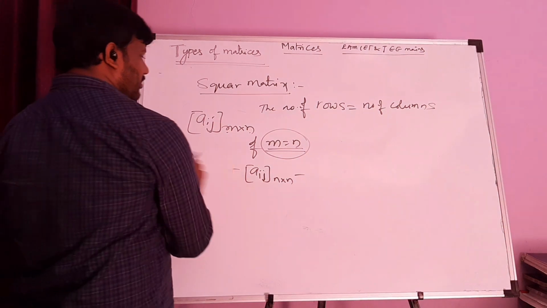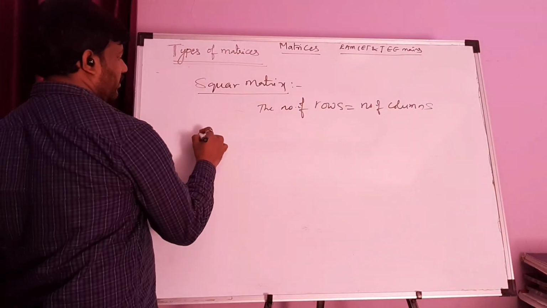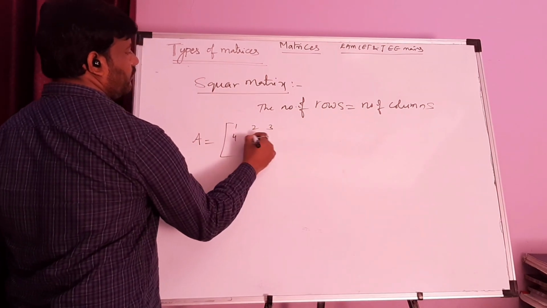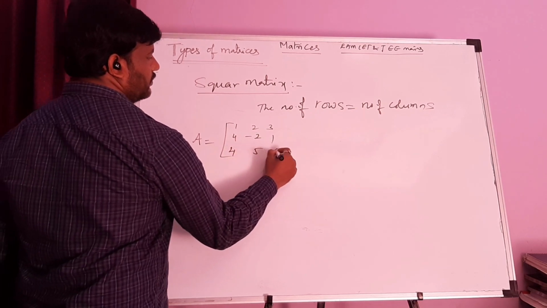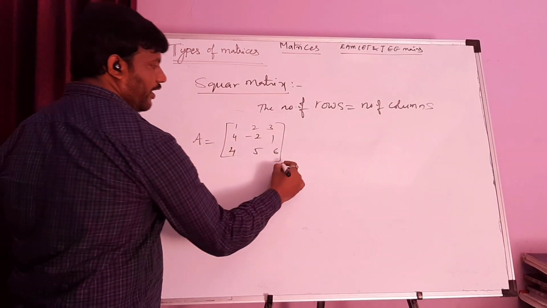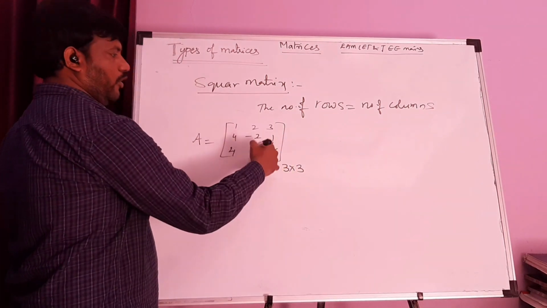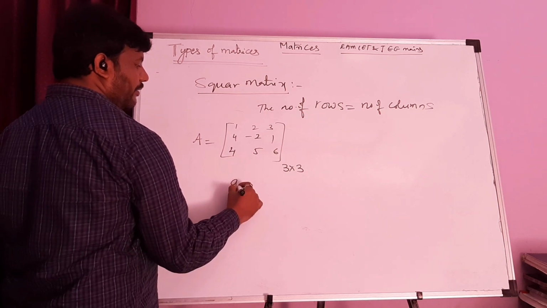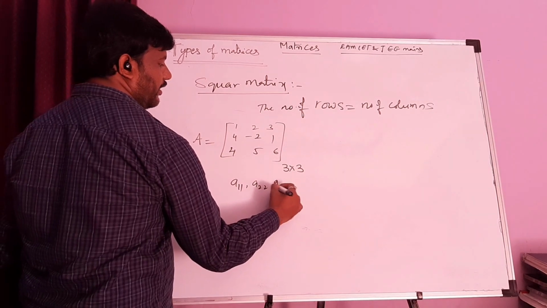In a square matrix, one more important point is the diagonal elements. Suppose I take a square matrix of order 3 by 3, that is, 3 rows and 3 columns. The elements A11, A22, A33 are the diagonal elements.